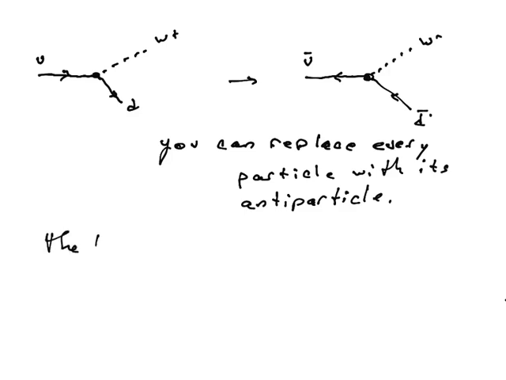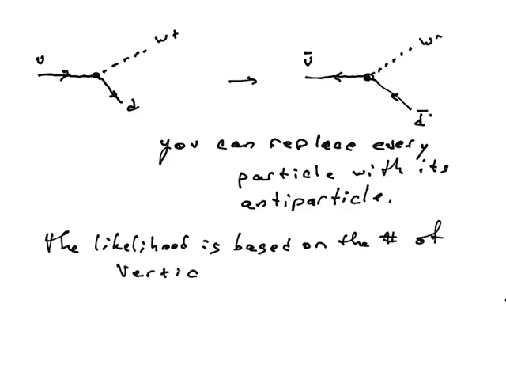The likelihood for something to occur is kind of based on the number of vertices. So what this means is if you have a particular diagram that has one vertex in it or two vertices in it, that's more likely than a different diagram that has 4 vertices or 8 vertices or 15 or 16 vertices or whatever.